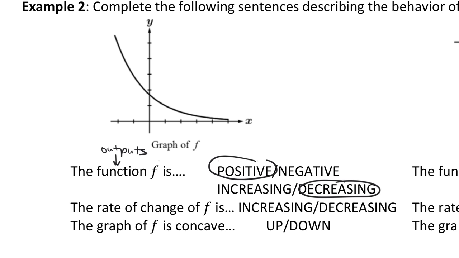Let's answer the second question first. Is this concave up or concave down? Concave up, which guess what? Which means it's increasing. These are tied together. Concave up graphs mean that the rate of change is increasing. Those are tied together. But you see how already right here that was so hard to answer? Yeah, we have to be so sure that we know what we're talking about here, whether we're talking about the function or the rate of change.